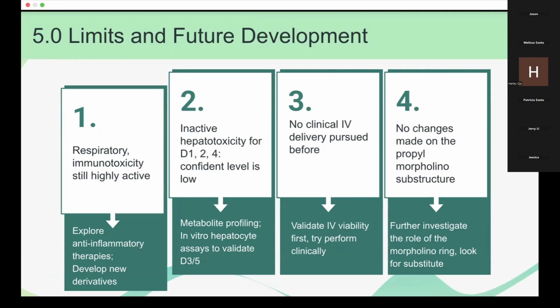So, lab testing like in vitro hepatocyte assays is needed to confirm these results. And I didn't make any changes to a specific part of gefitinib structure called the propylmorpholino ring, which might also affect toxicity. That's another area we can explore in the future.